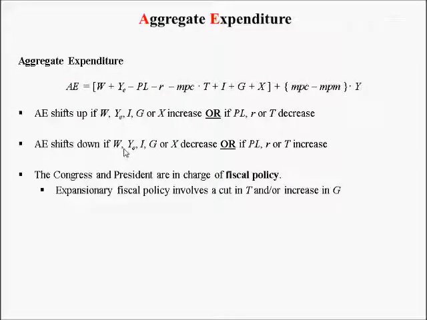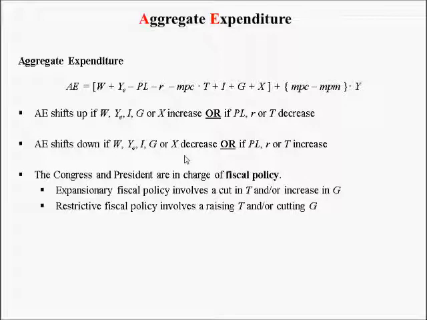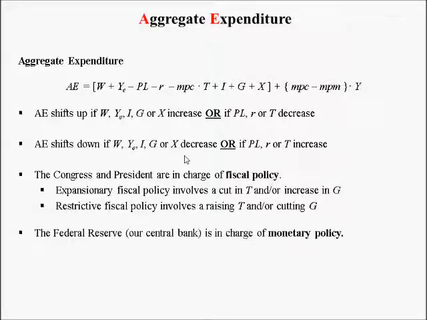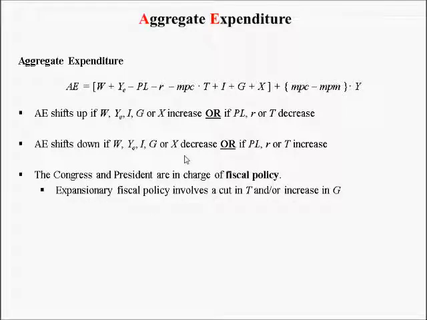Now, the Congress and the President are in charge of fiscal policy. Expansionary fiscal policy involves a cut in T, taxes, or an increase in G, government spending. Restrictive fiscal policy involves raising taxes or cutting G. This one's called stimulus, right? This is called stimulus.